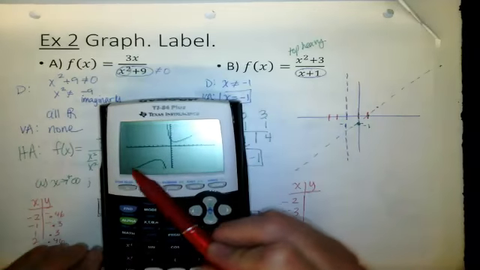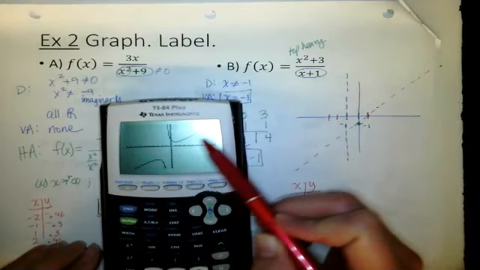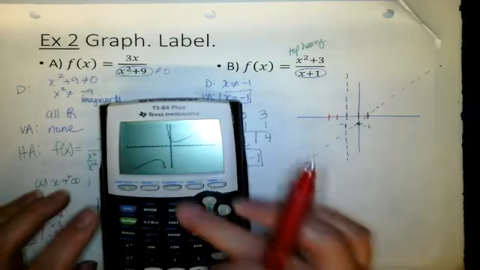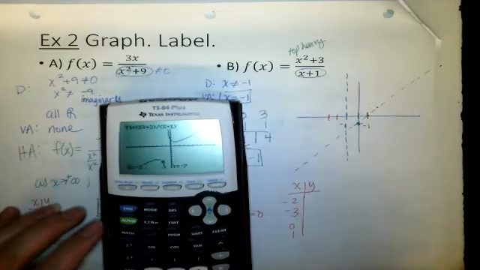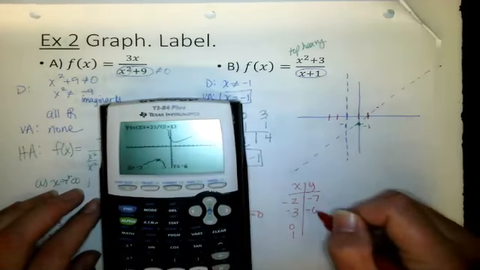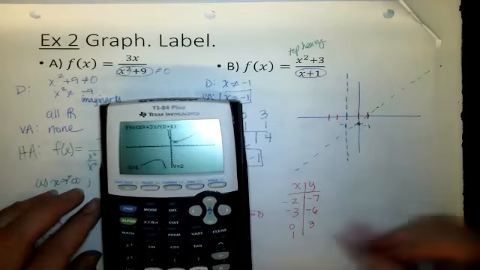You can see we've got that slanted asymptote in there. See how the graph sort of approaches, gets close to that slanted line. And I could use trace. When I plug in -2, I get -7. -3 is -6. 0, I get a 3, and 1, I get a 2.